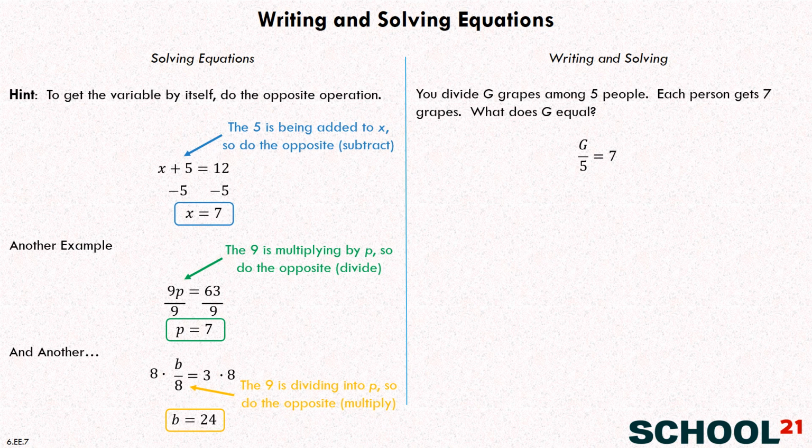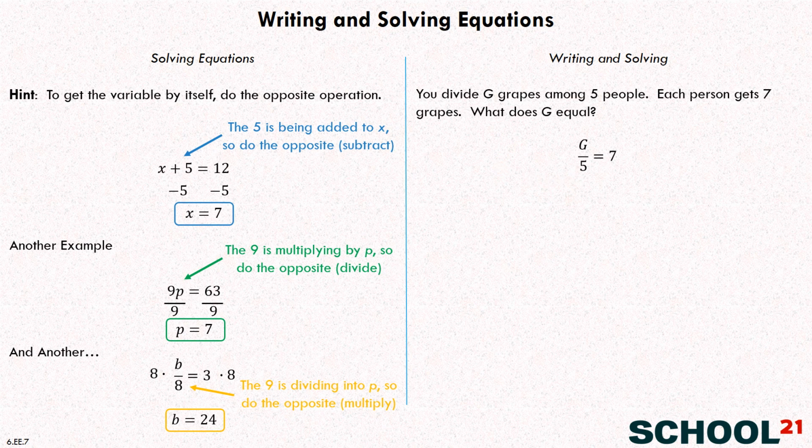So if we think about you divide G grapes among 5 people, well, that's dividing G by 5, like what we've written right here. And then each person gets 7 grapes, so that must equal 7. Okay, and so now we have a way to easily work with an equation instead of with all these complicated words. Okay, now what's that 5 doing to the G?